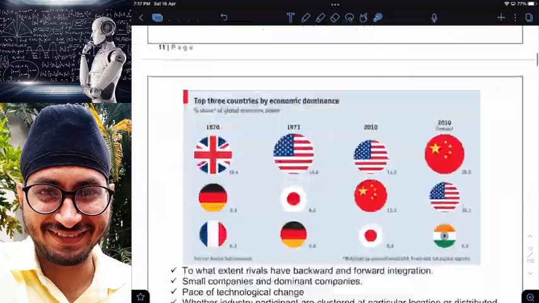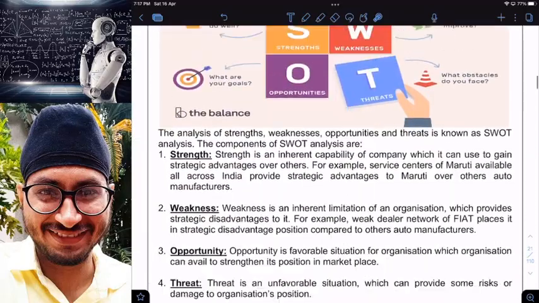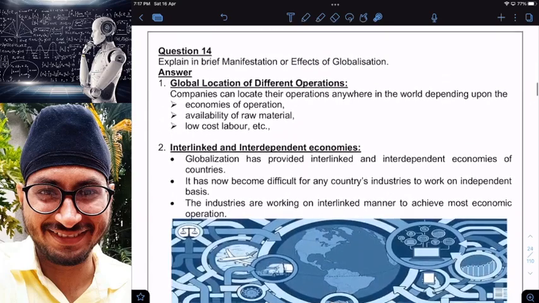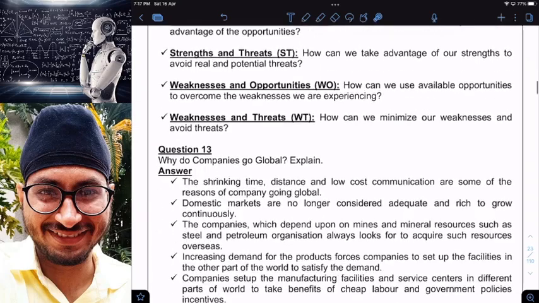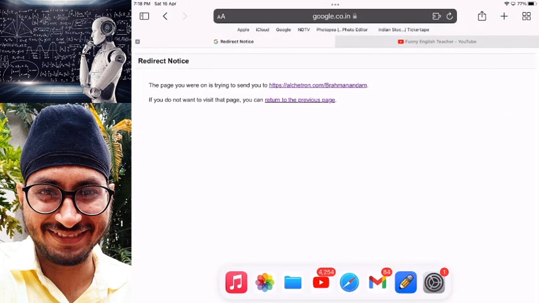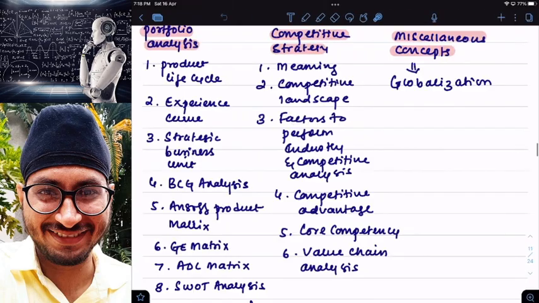So now let us see why globalization. Now let us see the globalization concept. Globalization, we have two concepts: why do people go for globalization, and then we have the manifestation of globalization. Why do companies go global?